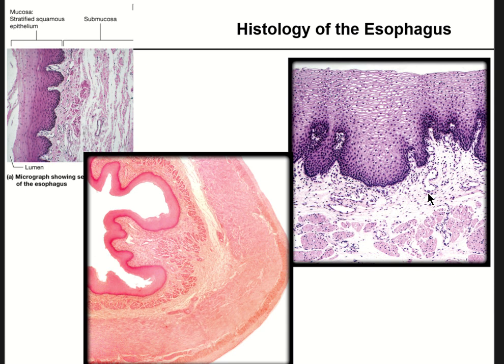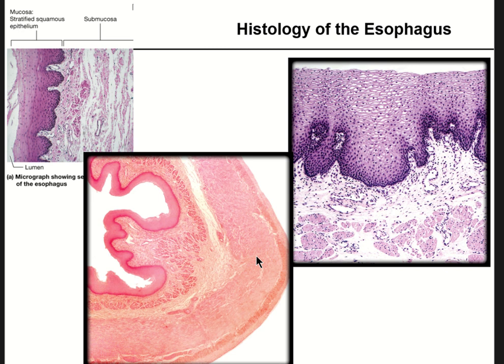The superior third of your esophagus is going to have skeletal muscle in your muscularis externa. The inferior third is going to be composed of smooth muscle, very much like the rest of your alimentary canal.